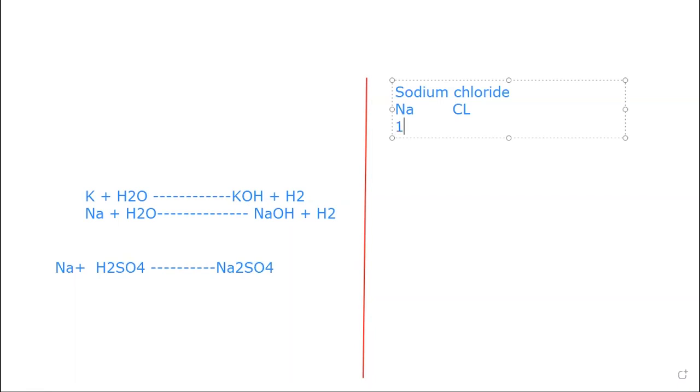Okay. What about chlorine? Chlorine, its valency is 1. If you ask me, Miss, chlorine is located in group 7. This means valency equals 7. Okay. Right?